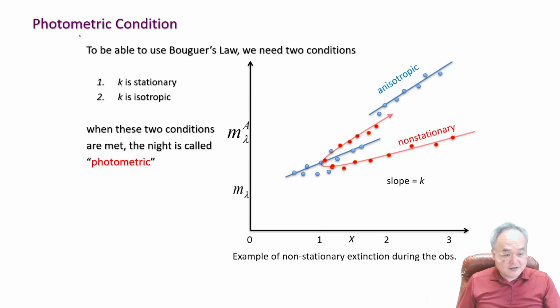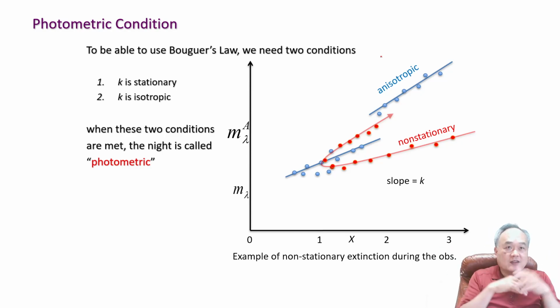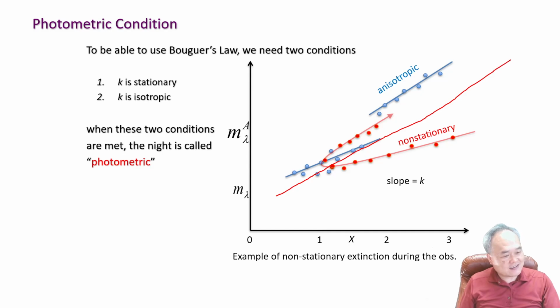So if the atmosphere is calm and cloud free, with no changing temperature or pressure, the atmosphere is really stationary, and because there is no particular preferred direction, no matter where you look, this relationship always gives a straight line.